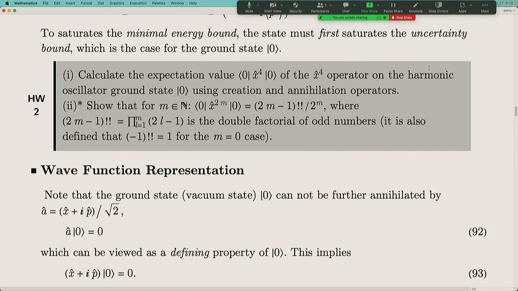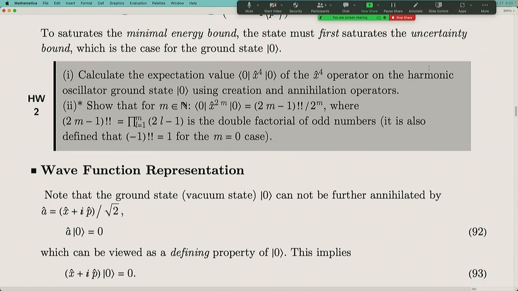But now, in our approach, we never obtained this ground state wave function yet. So we don't know what's the wave function. And how do we evaluate this expectation value in its very general form? The idea is that this, anyway, is a Taylor expansion of all powers of x. So as long as we can evaluate something like x operator to the mth power, and you can actually show that x operator to any odd power will have expectation value 0.